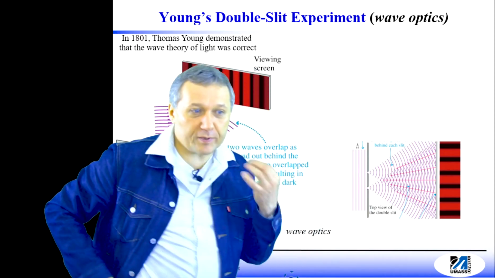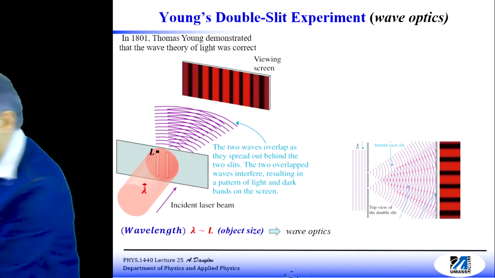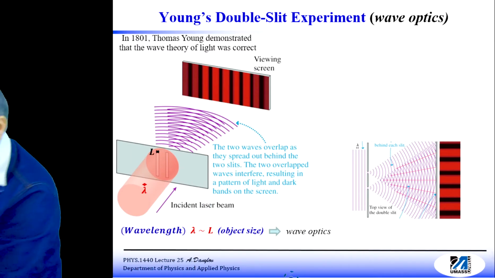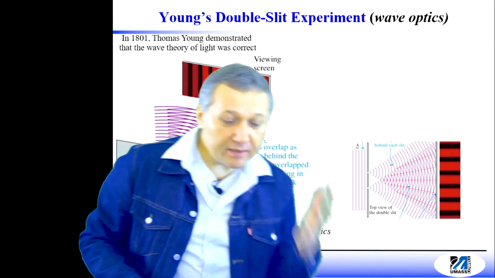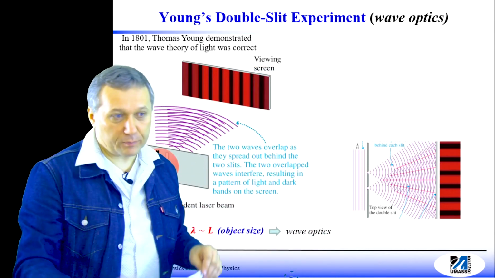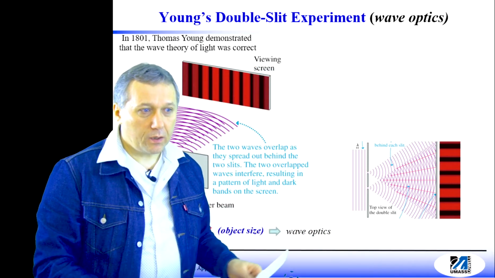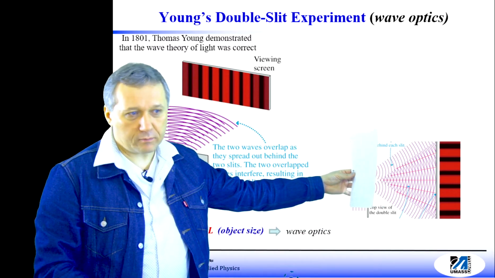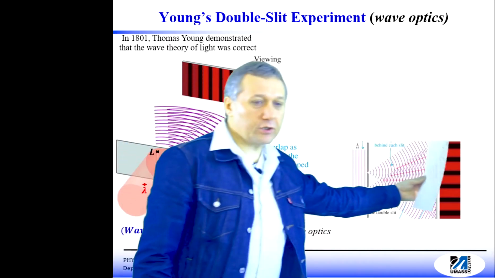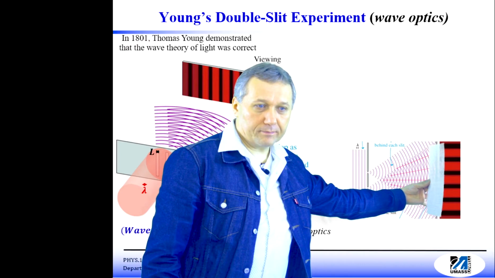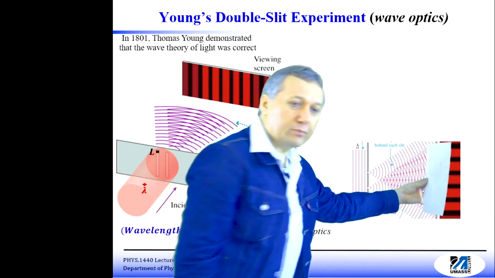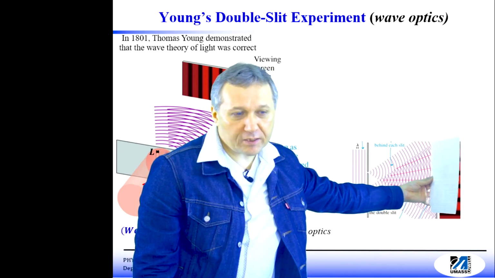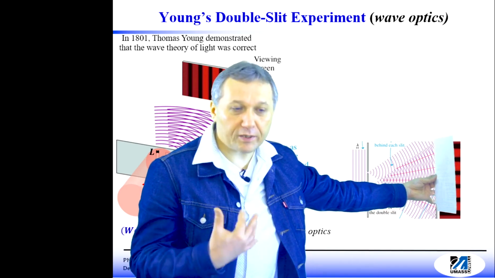Again, from the point of view of an experimentalist, the easiest solution is to take a white screen, a piece of paper or the wall, and position it at some point, for example, over here, so that you can see those bright and dark spots on the screen. And this will be the best possible setup from the practical point of view.